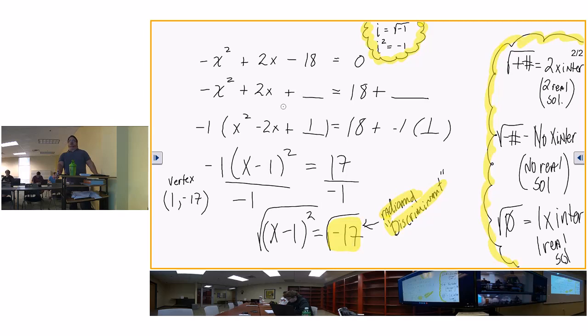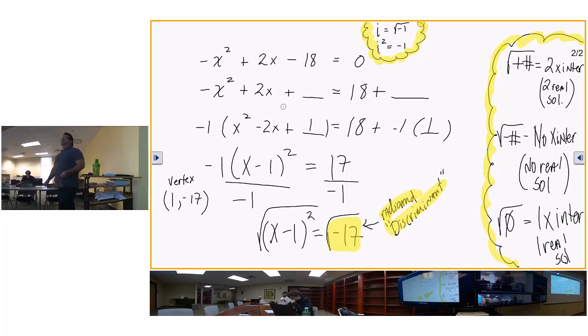So they're going to be calling it j when you get further on up. For those 2 or 3 people, it's going to be in Calc 2 later on. I'm sorry, not in this class. This is business. You're not going to have to worry about j.